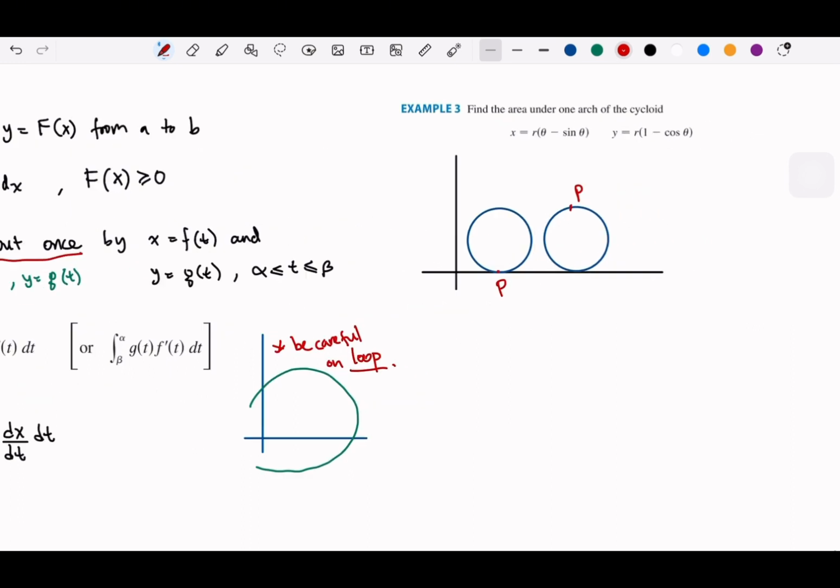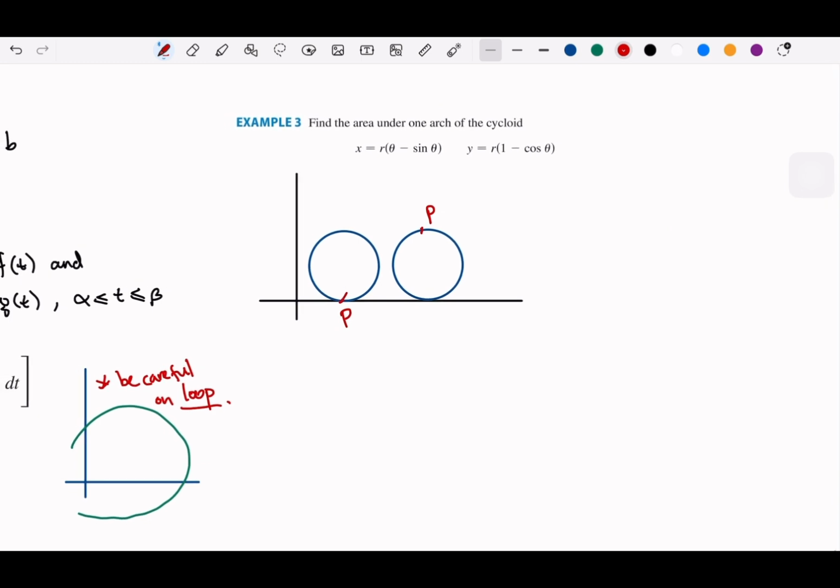So the cycloid is something like that, and then like that, and then moves on like that. That's the definition of the cycloid.